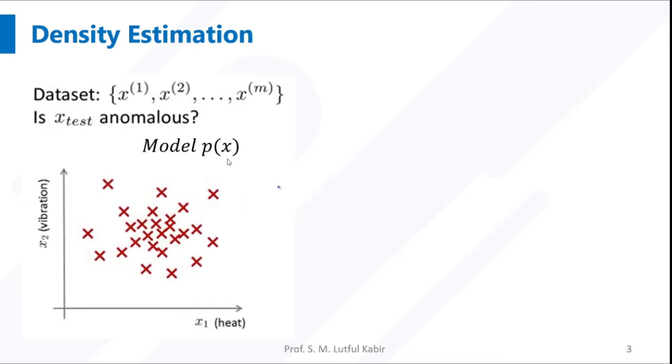There are different kinds of probability functions, and we will use one probability function to model the given x's. And then you will pass the test result, that means x test, the features of the new engine, into that function, p of x test.